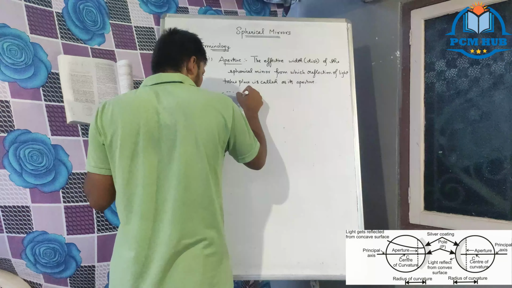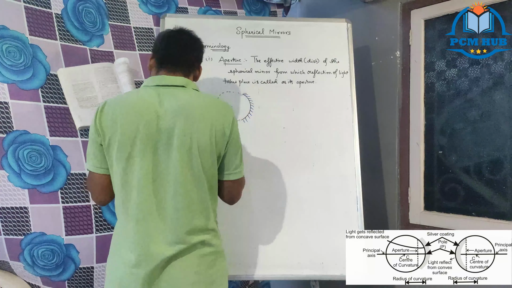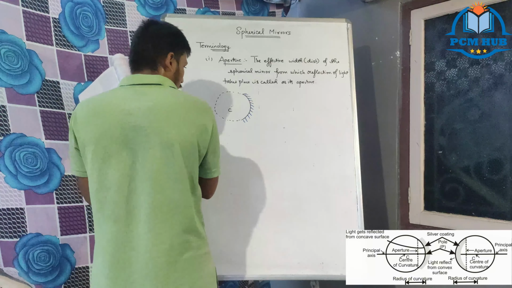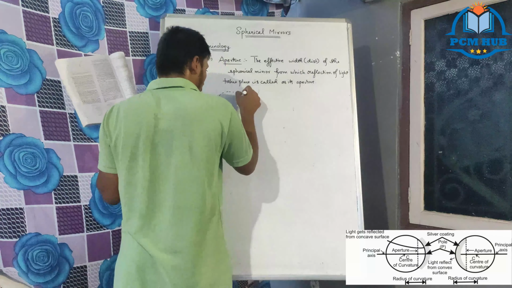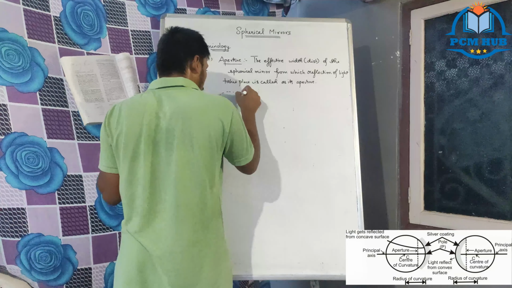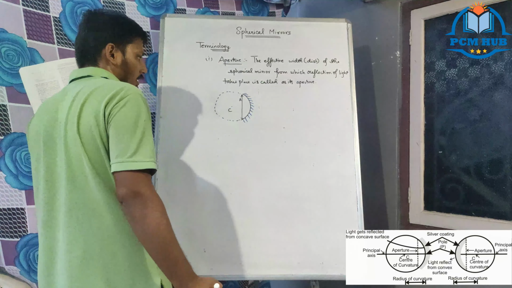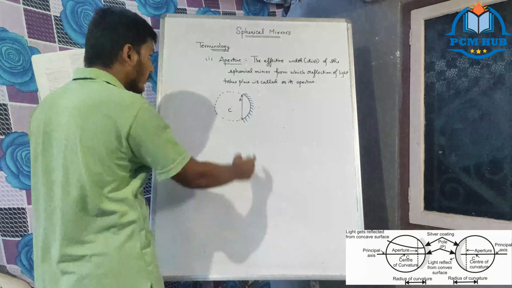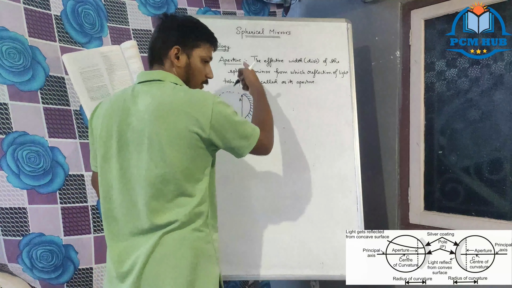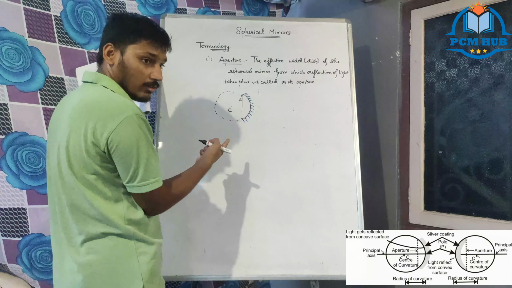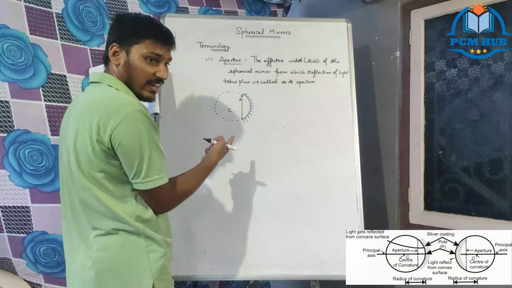So this area is the aperture width. This is the width, right? This is the available area. This is A, A for aperture. This is the aperture width. Distance, not angular distance. It's the radial distance.